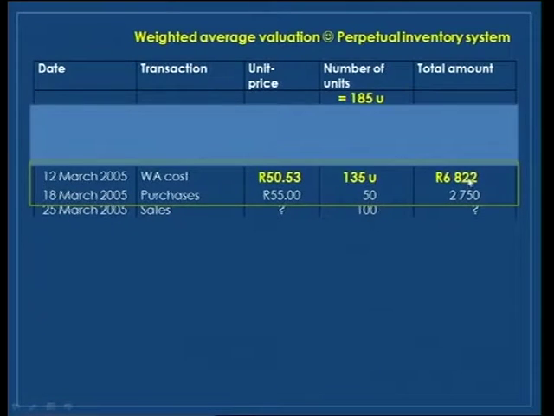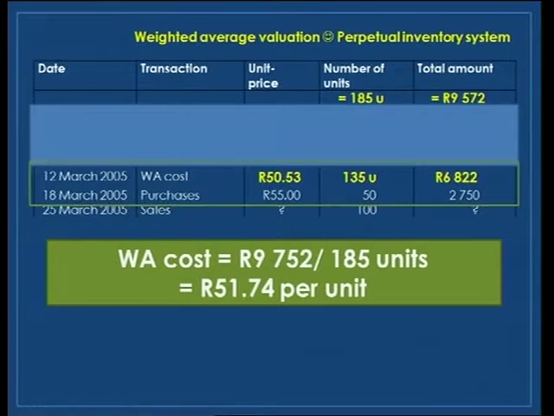It's the 6822 plus the new ones that we've purchased, the 2750. So how will I calculate the average price now? 9572, total cost of units available, divided by the number of units. So my average price now changes to 51,74. Why does it change? Because there's now sales.